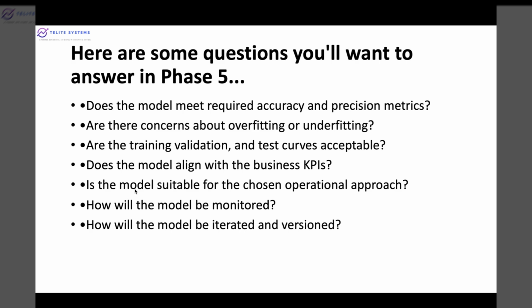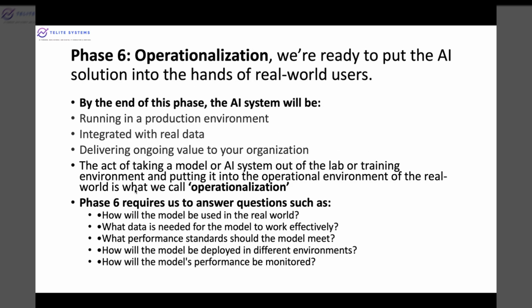Does the model align with the business KPIs? Is the model suitable for the chosen operational approach? How will the model be monitored? How will the model be iterated and versioned?